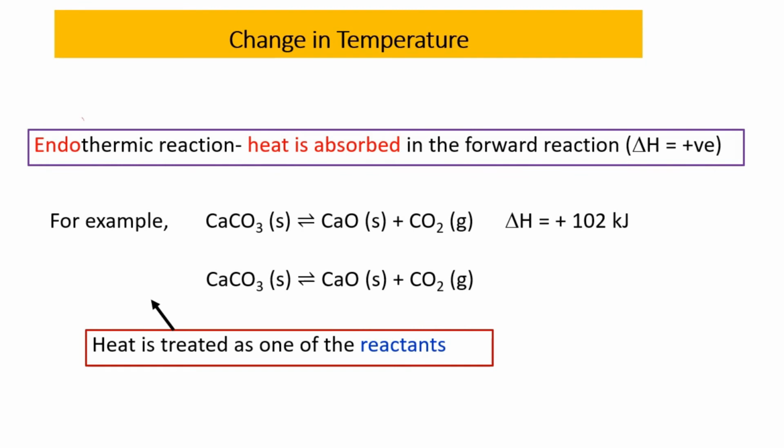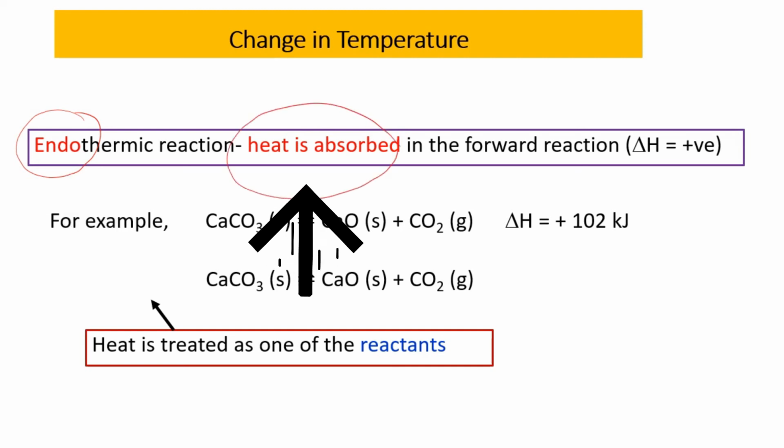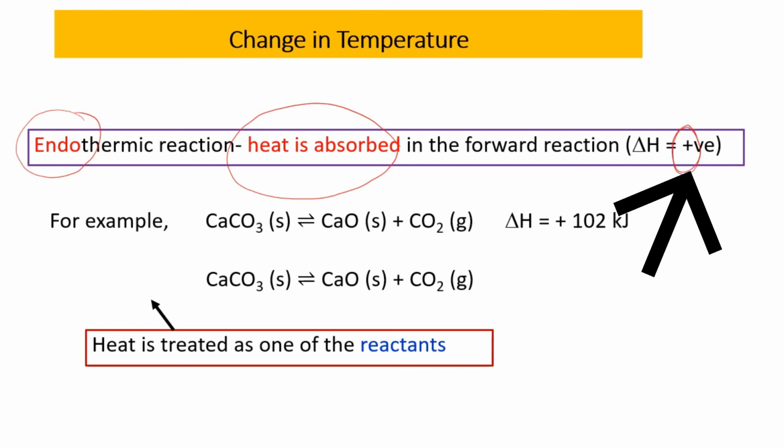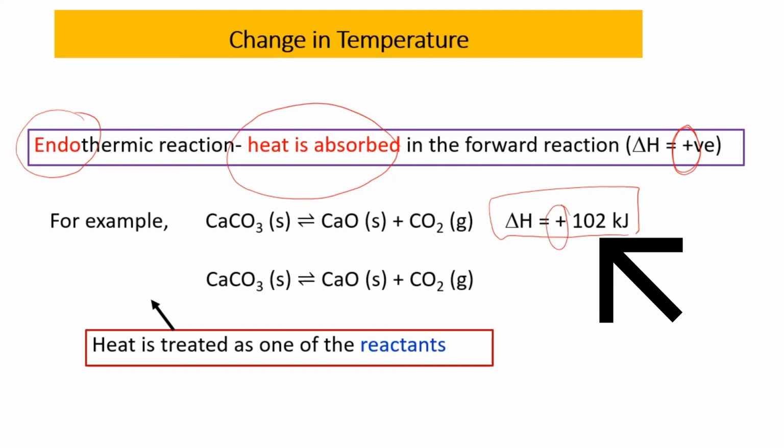As for an endothermic reaction, endo means going in, so heat is coming in. Heat is absorbed in the forward reaction. How do we recognize an endothermic reaction? We look at the delta H. If the delta H has a positive value, then it is an endothermic reaction. Let's look at this example, the decomposition of calcium carbonate. Delta H is positive 102.